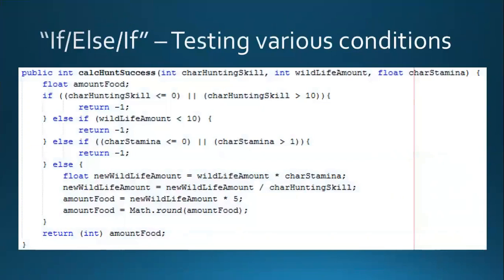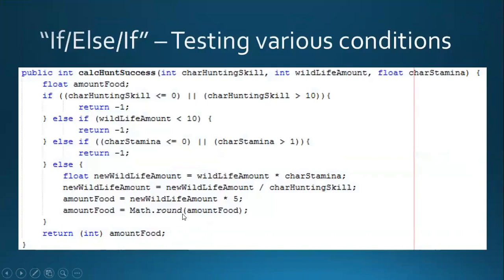So in this one, we're doing the if-else if, and we're testing various conditions. Basically, I'm showing an example of my hunt control function that calculates the amount of food that a user will get on a successful hunt. So it goes through an if-else ladder of conditions where it first checks the character's hunting skill, and then it checks the conditions of the wildlife amount, and then it checks the conditions of the character's stamina.